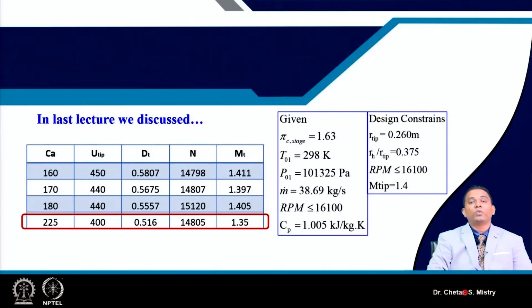We started doing calculation assuming same aspect ratio, same number of blades in order to compare these two design methodologies. We have done our calculation at the mid station for rotor, and at the hub station. Now today we will be doing calculation at the tip station.